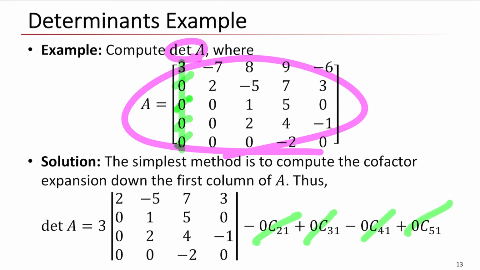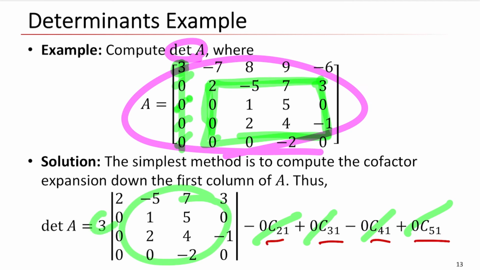So we don't need to compute these four terms. We only need to compute a11 times the determinant of the large A11 here, right? So we can remove the unnecessary computation for the other terms. Then how can I compute the determinant of this one?